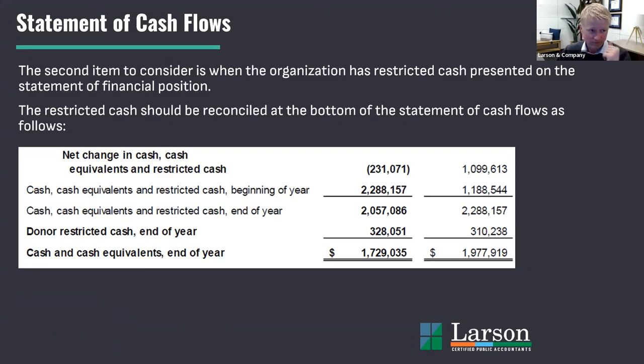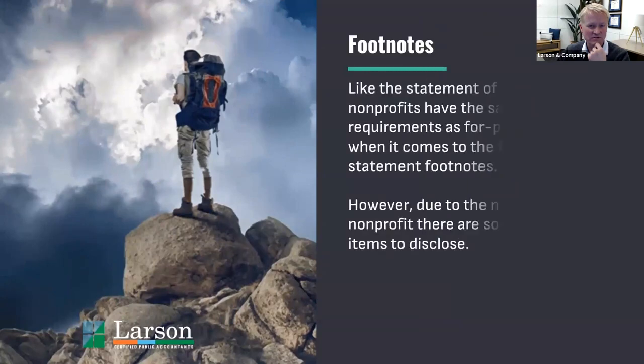And then you'll take out any donor restricted cash as of the end of the year, to where that donor restricted cash line and the cash equivalents as of the end of the year should tie out to your statement of financial position. Okay, those are just a couple of things to consider for nonprofits.